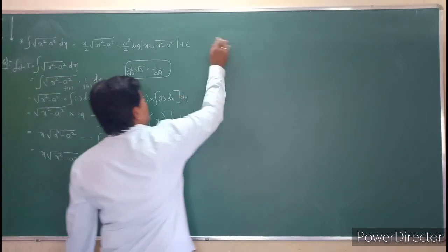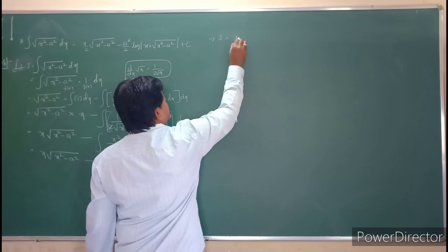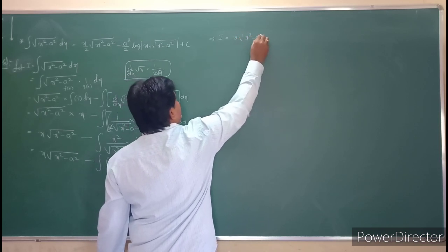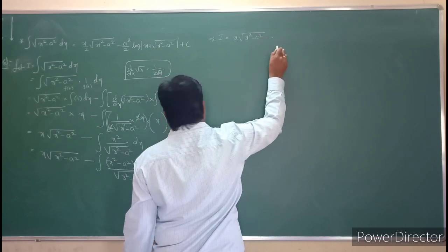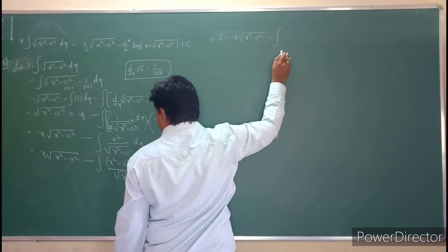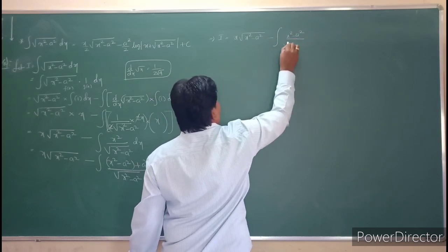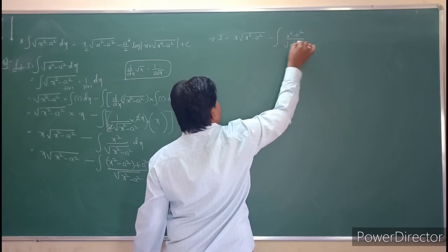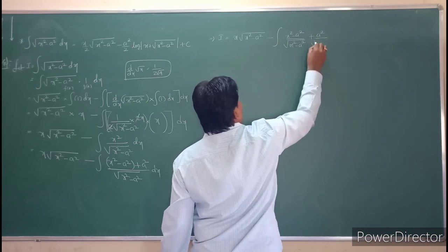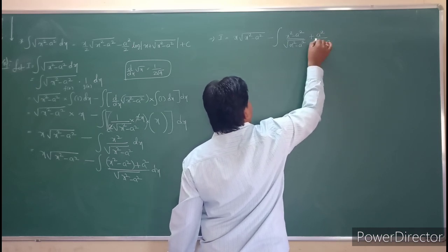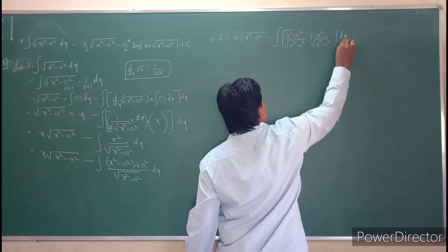You can understand that I is equal to x into root of x square minus a square minus the integral of, separate the terms students, x square minus a square by root of x square minus a square plus a square by root of x square minus a square into dx.